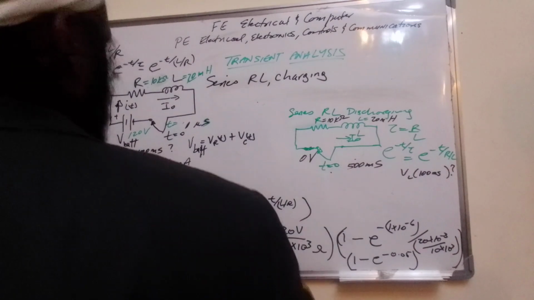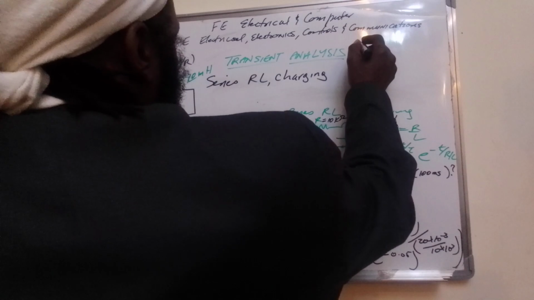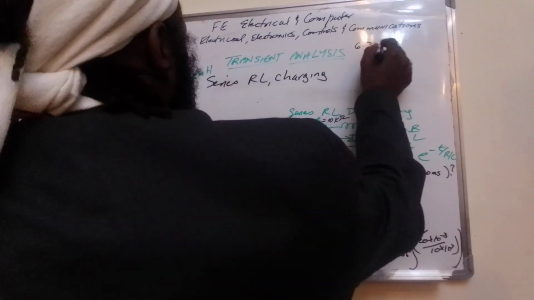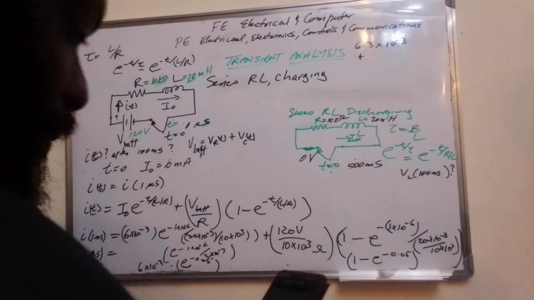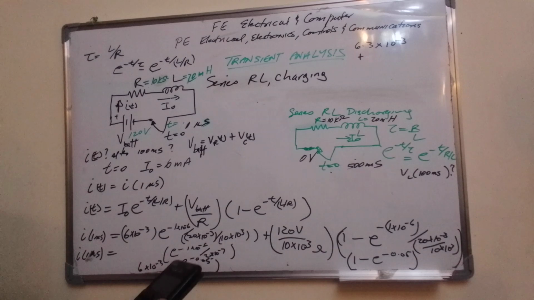So right up here, it becomes 6.3 times 10 to the minus 3 plus this piece, 120. So again, e to the minus 0.05.